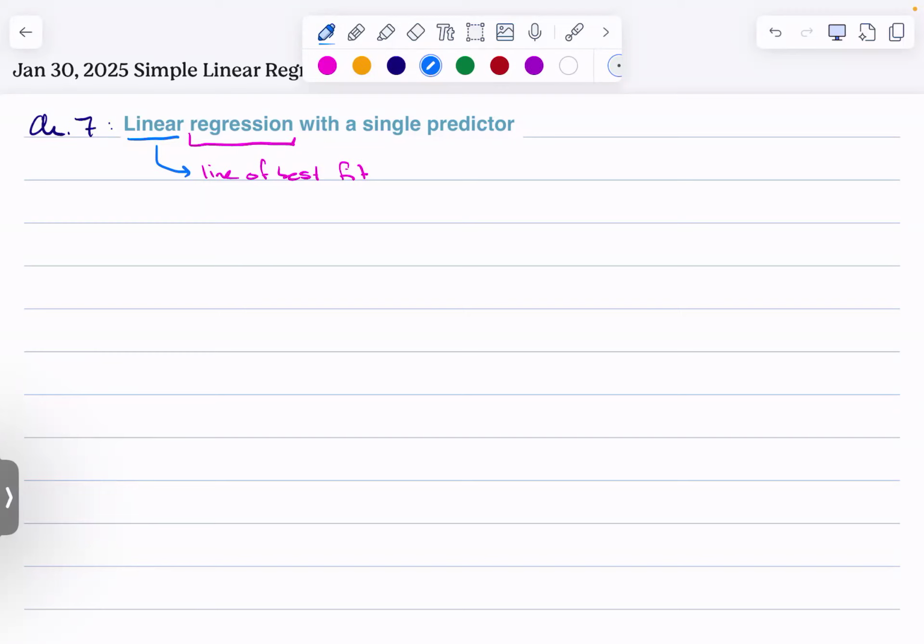But a line has what format? y equals mx plus b might be familiar. We need a slope and we need a y-intercept.